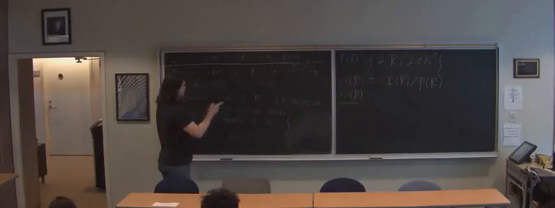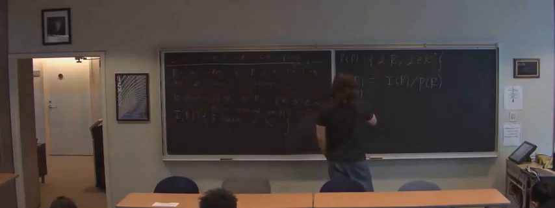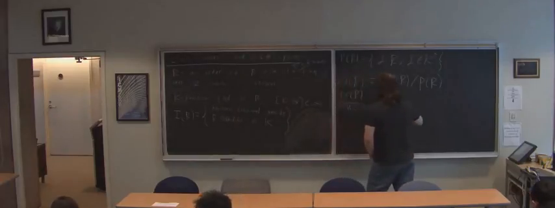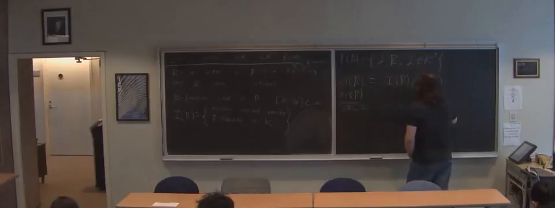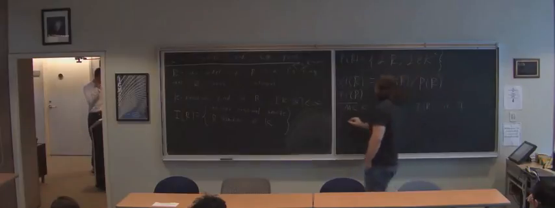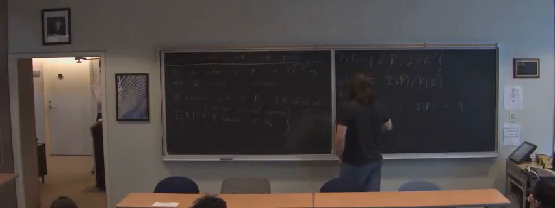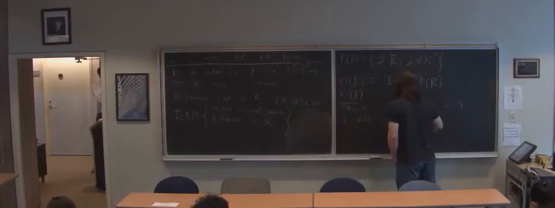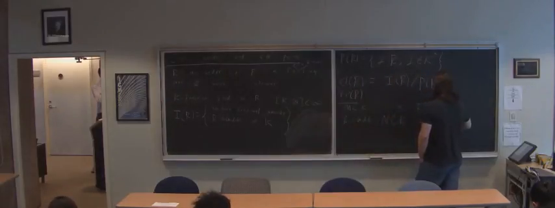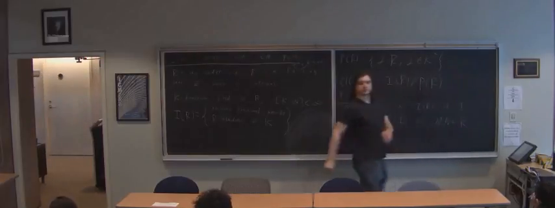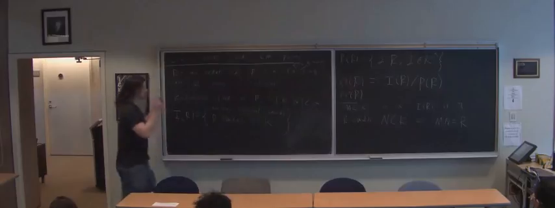Okay? So to remind you what I of R is, a submodule M in K is in I of R if there exists some R submodule N in K with M times N just equal to R. Okay?